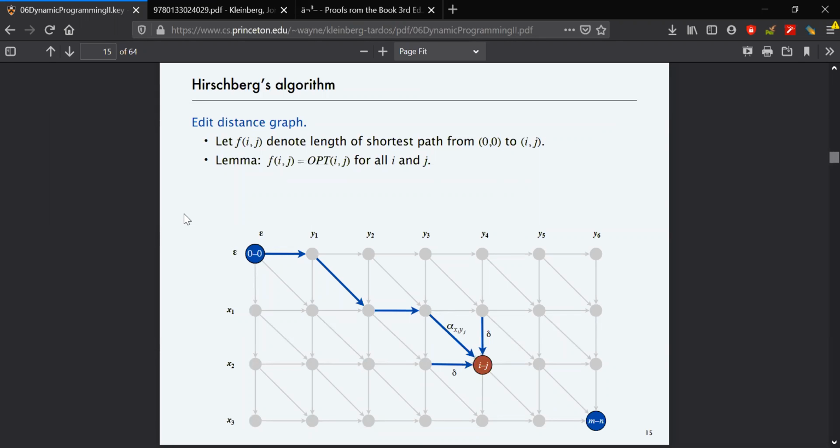Okay, so let's look at this algorithm first. Edit distance, the algorithm that we discussed last.